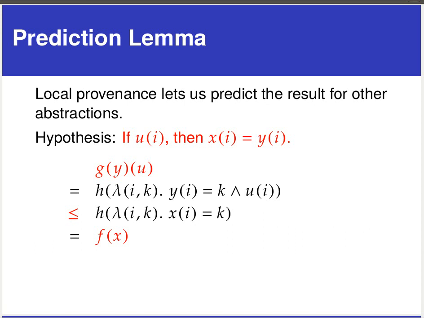So knowing the local provenance at y gives us the value at y with some mask u, we can predict that the analysis at some other abstraction x will return 1 without actually trying it.